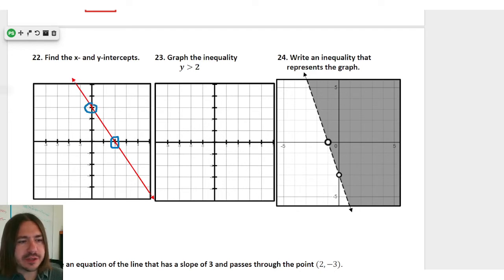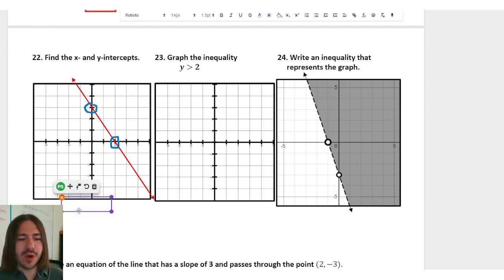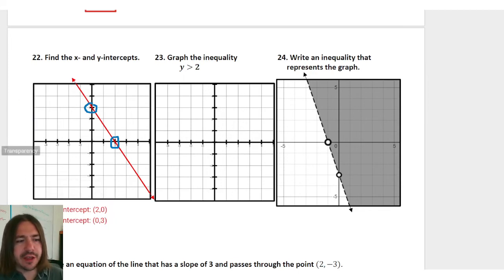The y-intercept is where the graph crosses the y-axis. So the x-intercept, and it's a good idea to usually write these as a coordinate, 2, 0. The y-intercept is going to be 0, 3. So once again, we're just identifying those 2 points where the line is crossing over the axes.